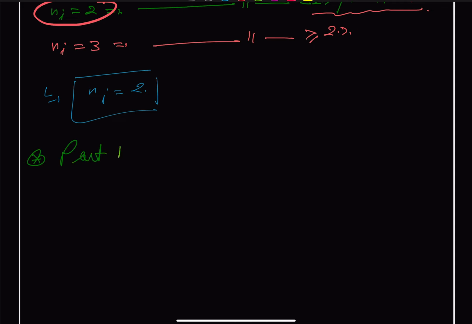So we have our part B, and we know that the energy of a hydrogen-like atom for the nth level, that is E of n, is equal to minus E1 upon n square.